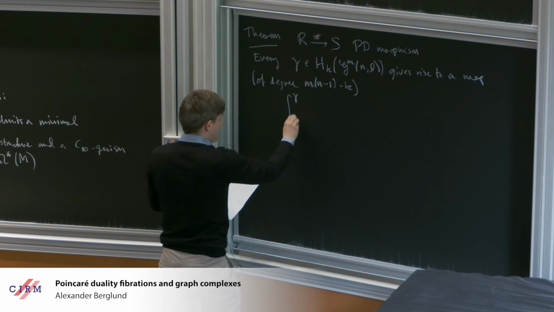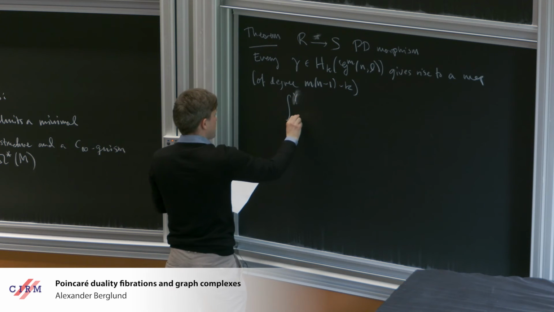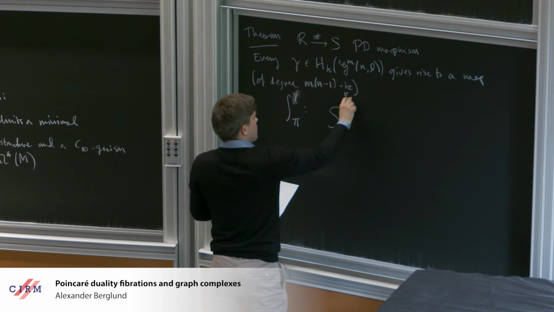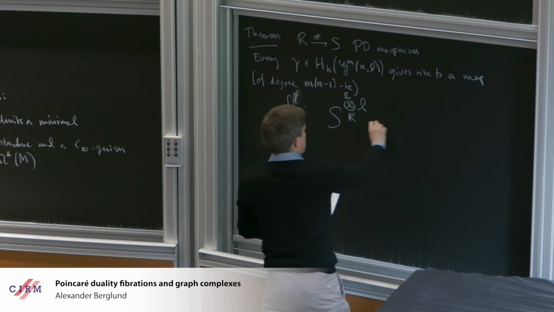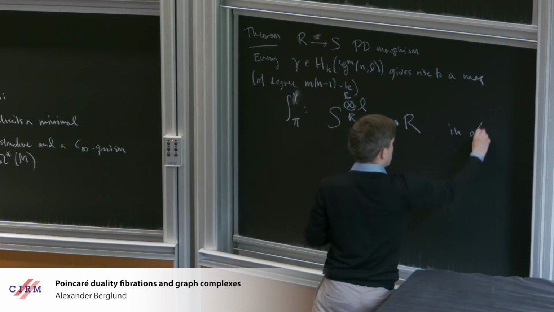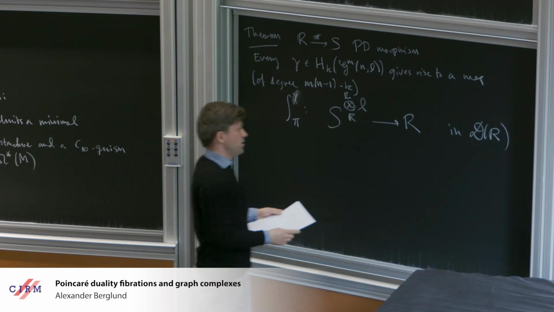By abuse of notation, I'll just use the same notation. So this will be from the S L-fold derived tensor product over R, going back to R. So this is a map in the derived category of DGR modules.